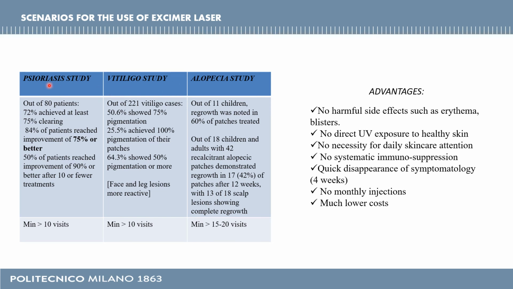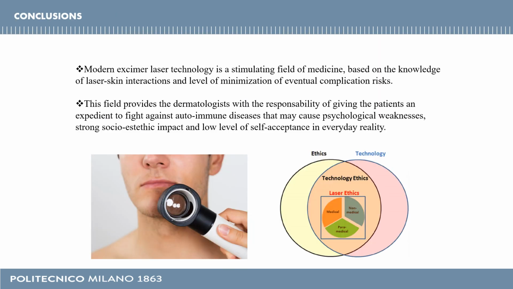But we can say that the efficacy of the excimer laser in alopecia had the lowest results, in particular with respect to the vitiligo studies. The lowest results in the case of alopecia were reached for alopecia universalis and alopecia totalis in particular. And here we have even the number of visits that are reported, which are the minimum ones required to start seeing effects of the therapy.